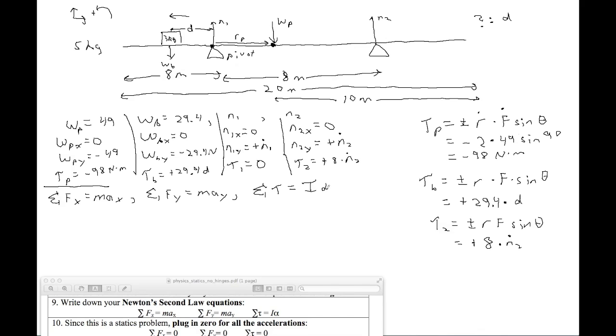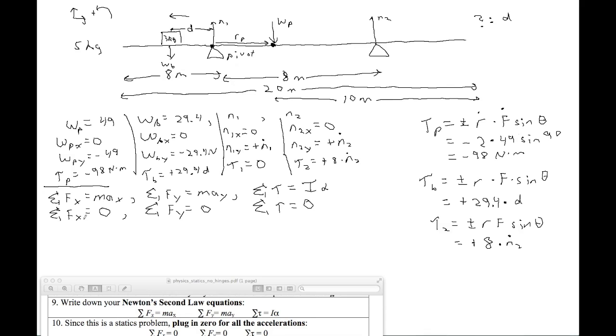But what can we plug in on the right-hand side of each of these equations? 0. So we can write this.